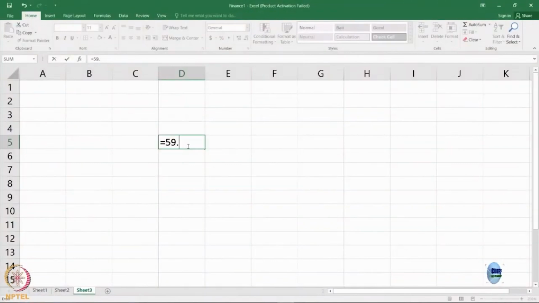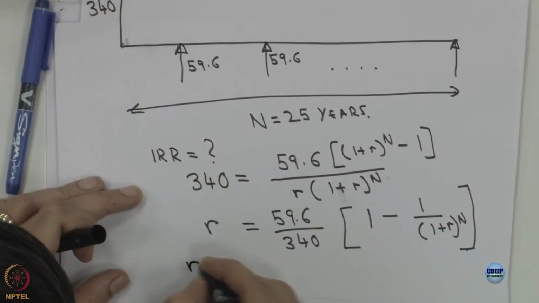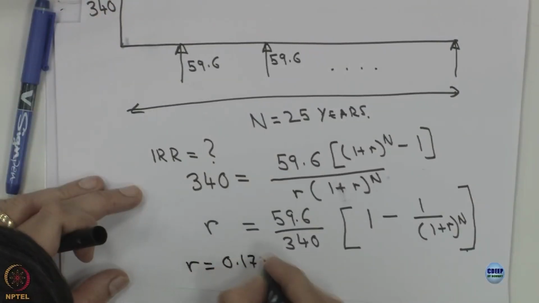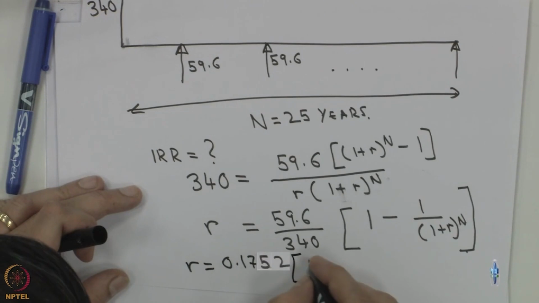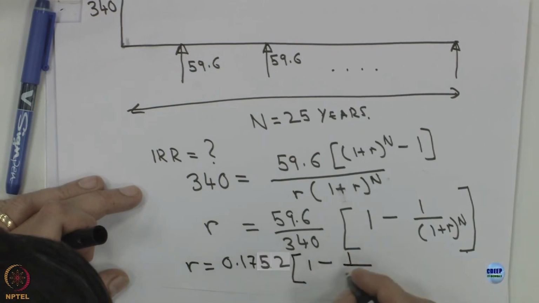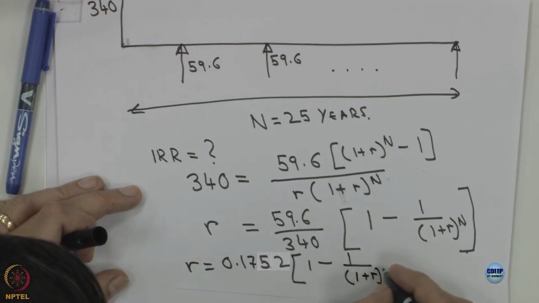So we are doing 59.6 divided by 340, and that comes out to be 0.1725, into 1 minus 1 plus R raised to N, where N is 25.